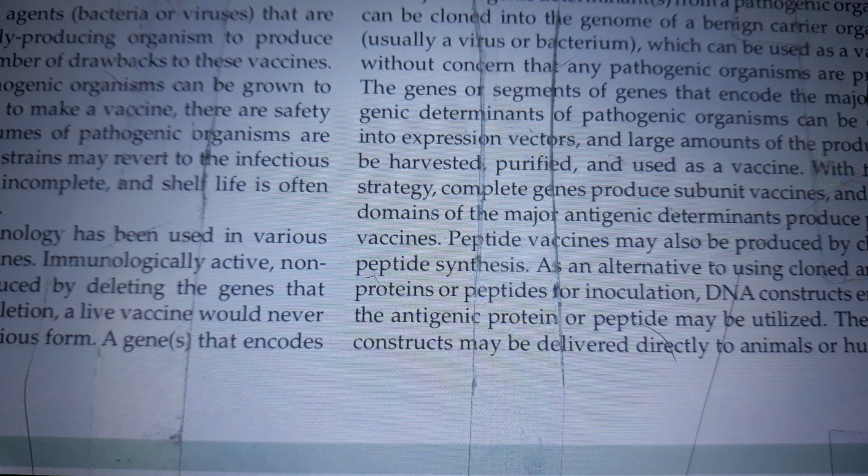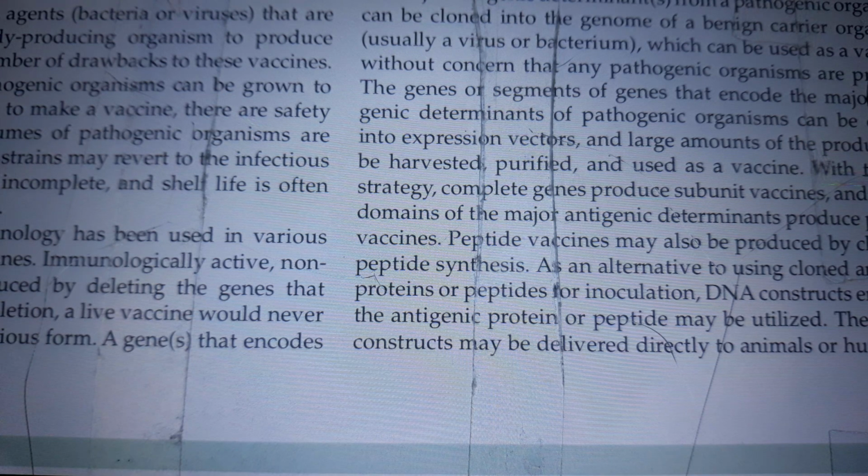The genes or segments of genes that encode the major antigenic determinants of pathogenic organisms can be cloned into expression vectors. A large amount of the product can be harvested, purified, and used as a vaccine. With the last strategy, complete genes produce subunit vaccines and cloned domains of the major antigenic determinants produce peptide vaccines.